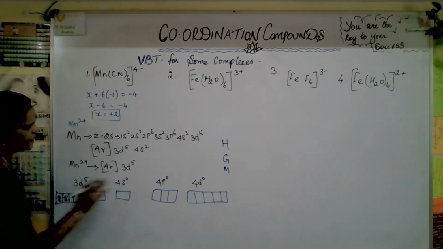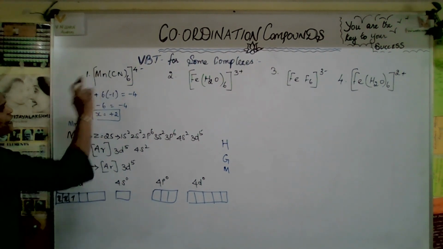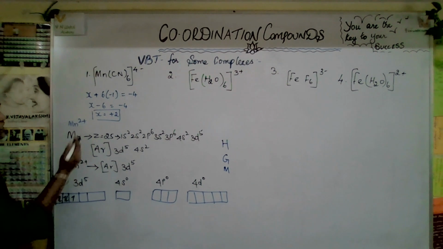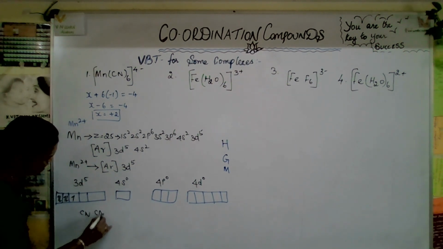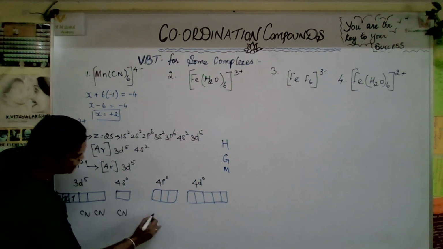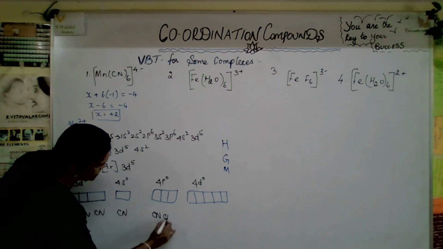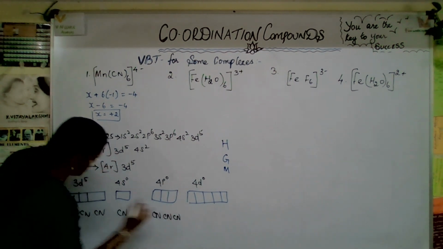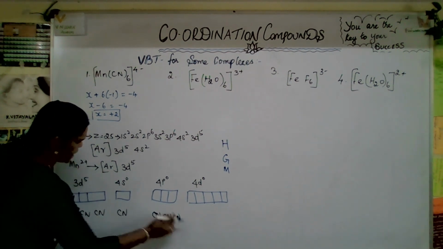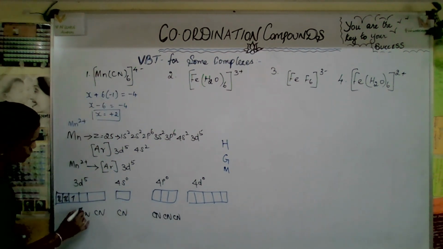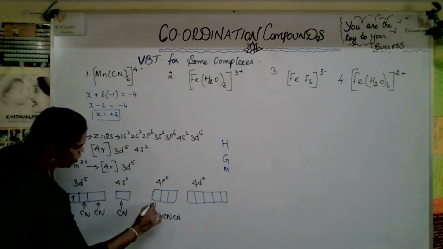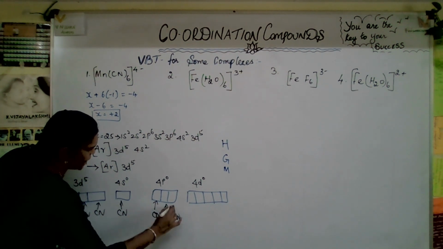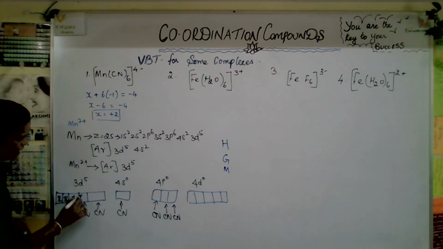So these are all empty orbitals. How many ligands are there? Here 6, coordination number 6. So 1, 2, 3, 4, 5, 6 CN ligands have to fill the empty orbitals, sharing pairs of electrons with the central metal ion.